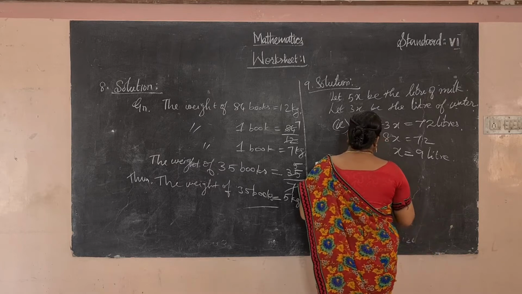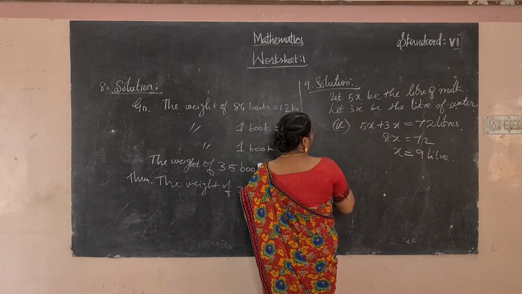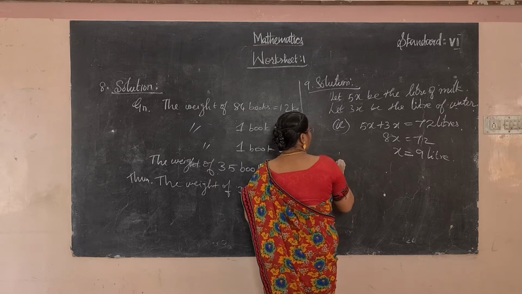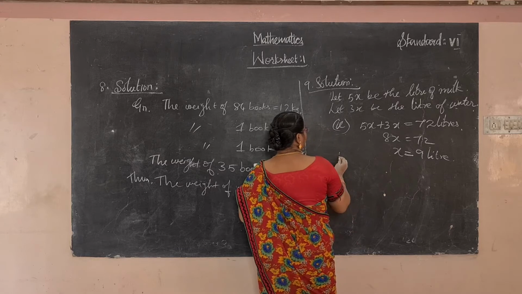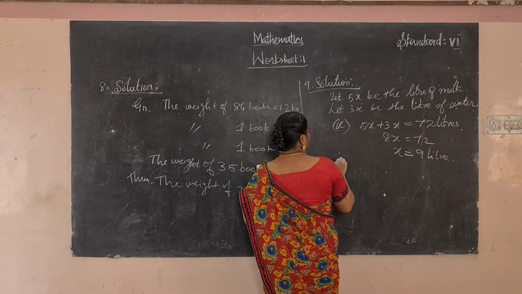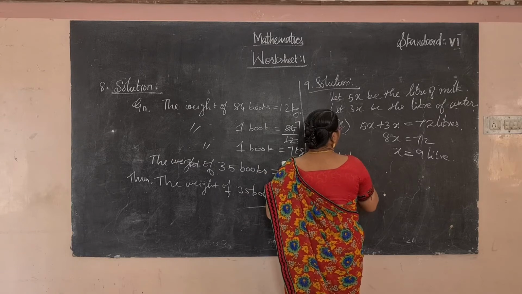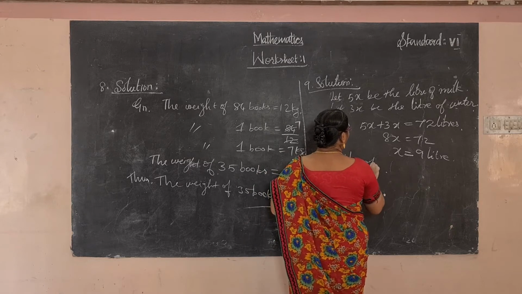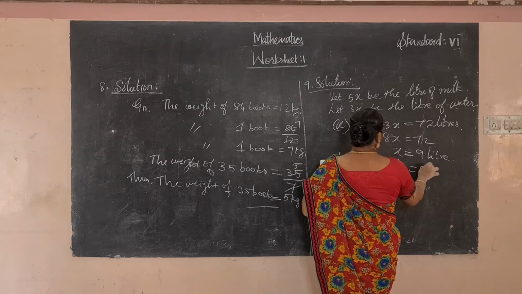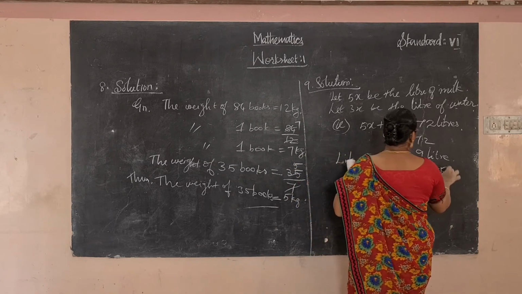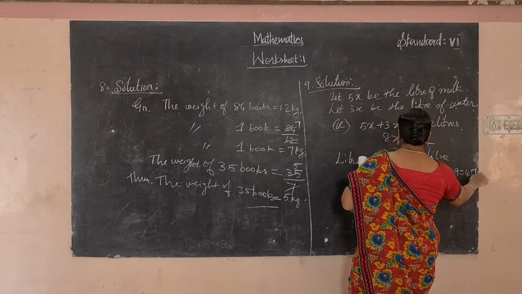Now we have calculated for the milk. Okay, so liter of milk is equal to 5x equal to 5 into 9 equal to 45 liters.